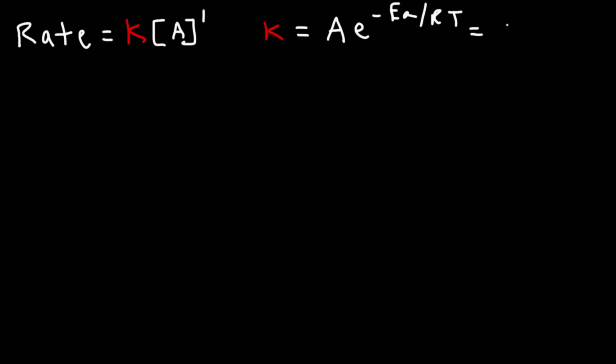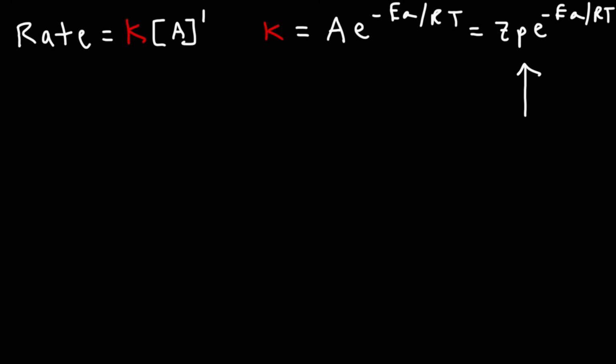And the frequency factor can be replaced with the collision frequency times the steric factor, and then times this. So Z, the collision frequency, represents the total number of collisions per second that's occurring in a reaction.